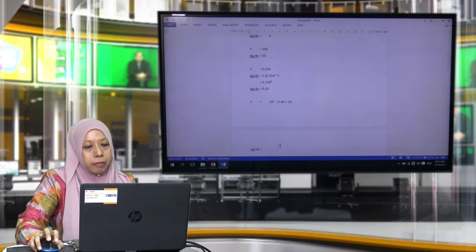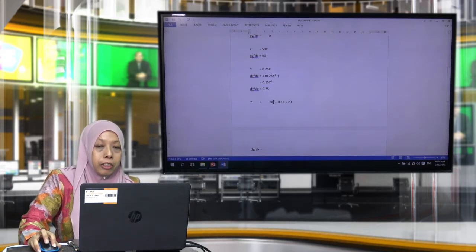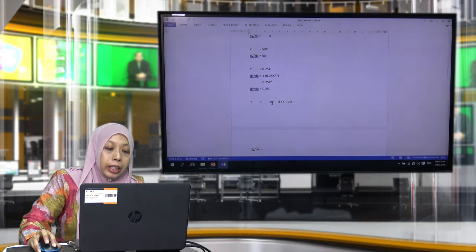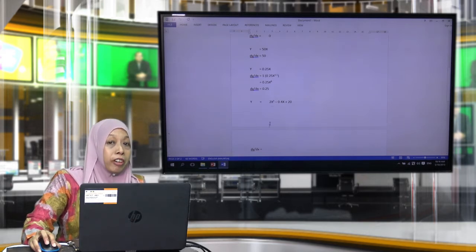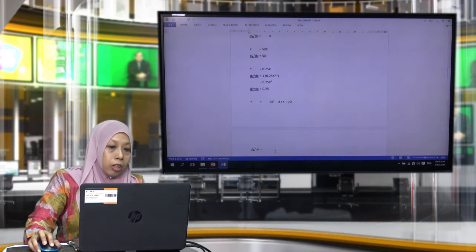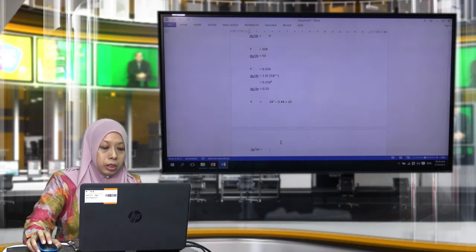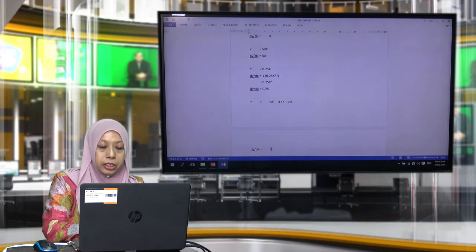Alright. Now, to differentiate this function, we're going to start with the first subfunction. If we look at the first subfunction, what we have here is a power function, isn't it? So if you have a power function, you need to use the power function rule to differentiate it. Can you still recall what are the steps involved in differentiating a power function? So remember, you have to bring down your exponent, which is 3.